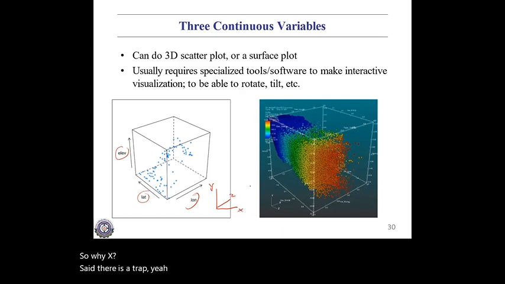So that's why we can see this 3D visualization, like a three-dimension scatter plot. The data is inside, so it shows the relationship between X, Y, and Z, with three variables.